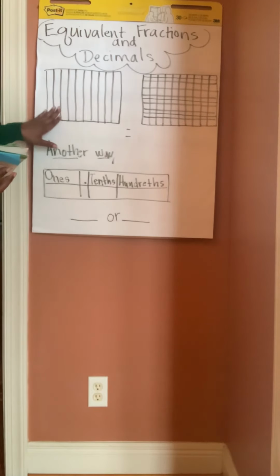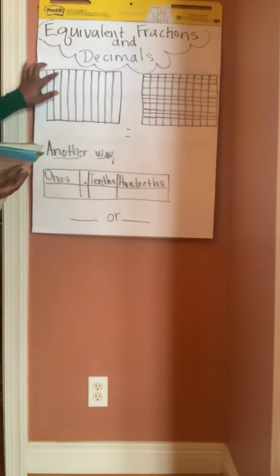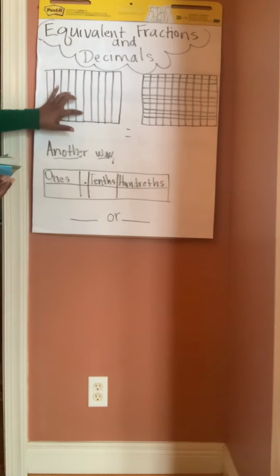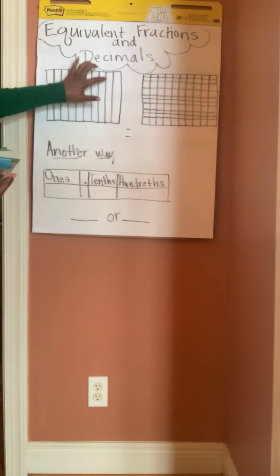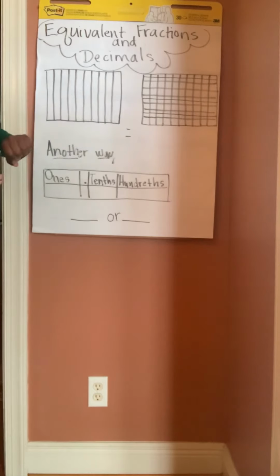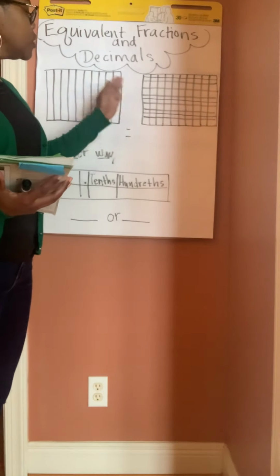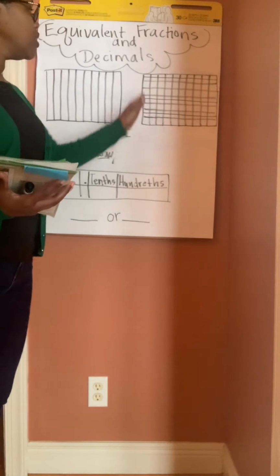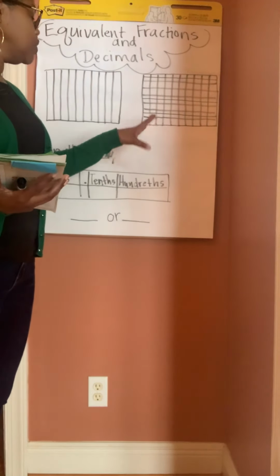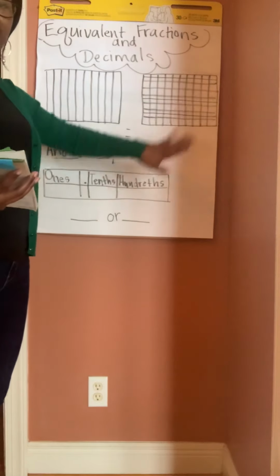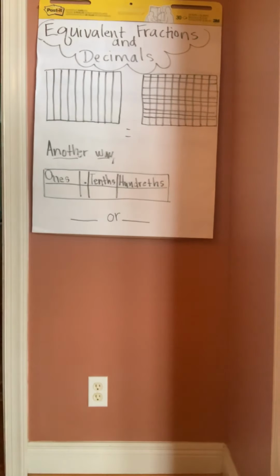This model is in tenths, 1, 2, 3, 4, 5, 6, 7, 8, 9, 10. This model is in hundredths. I have 10 rows going across and 10 columns up and down, and we know that 10 rows of 10 is 100. This is like the 100 flat in our classroom.